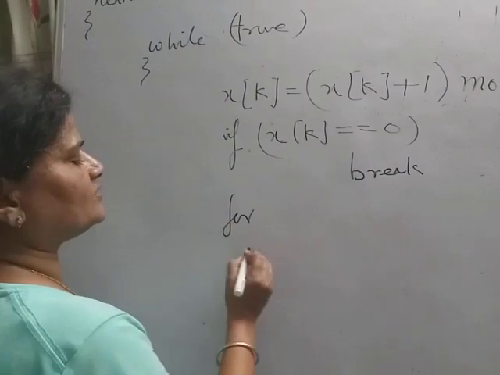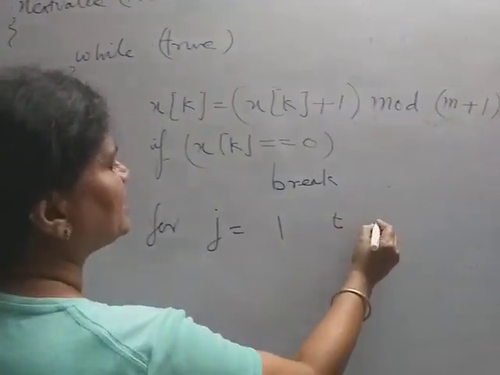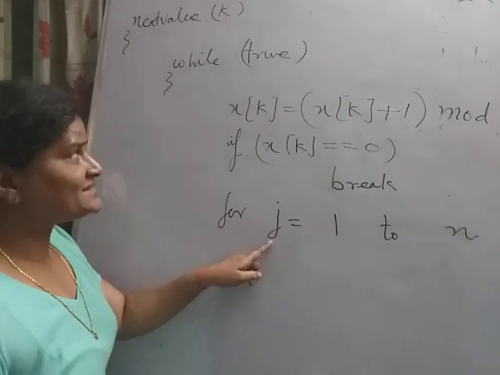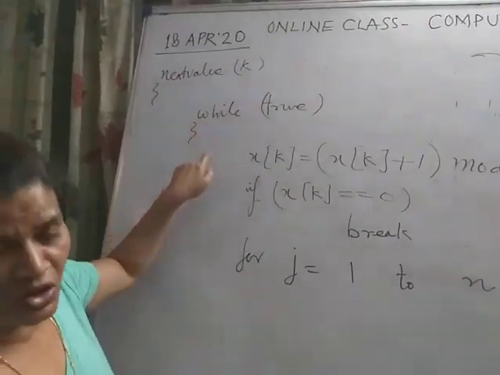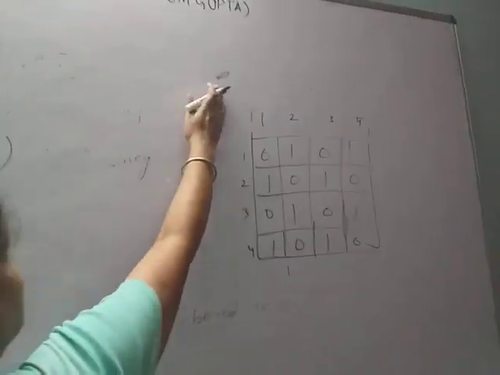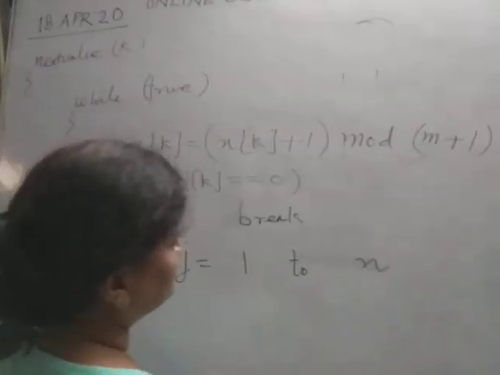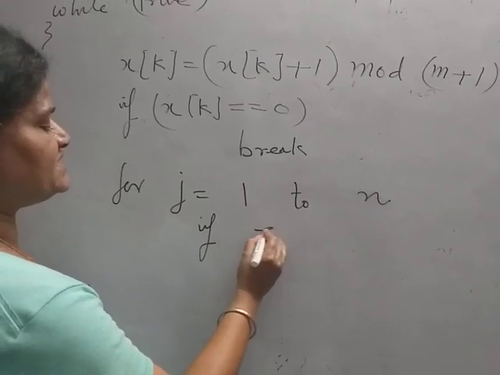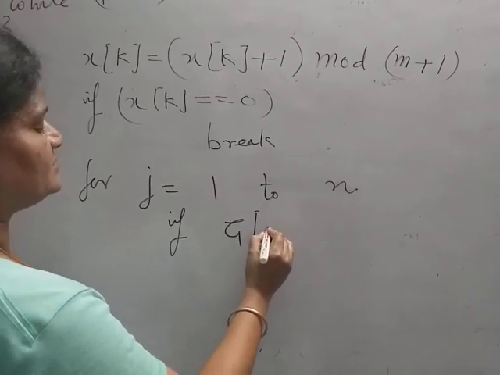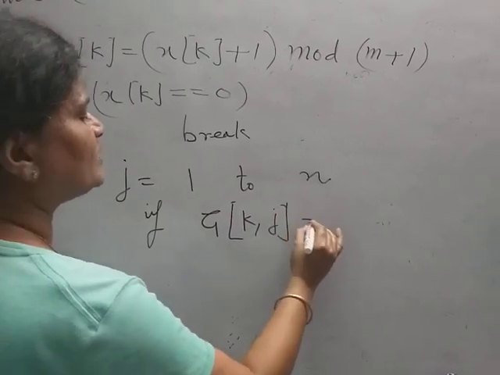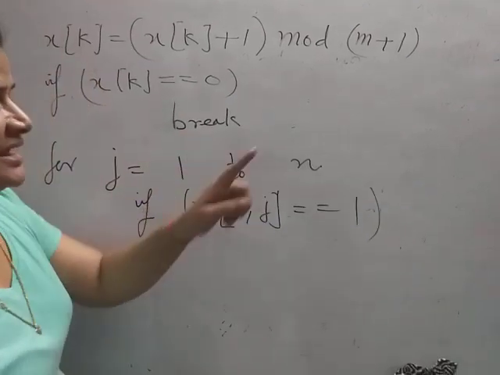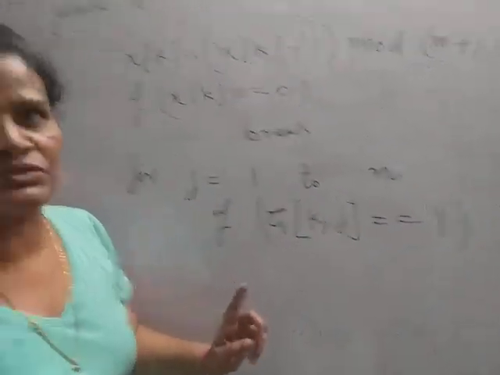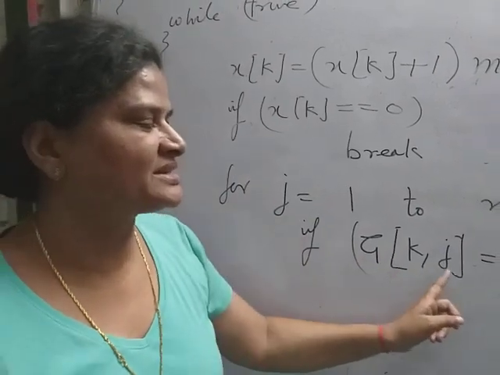So here I will take one loop for j equal to 1 to n, and check whether the vertex j is adjacent to k or not using the adjacency matrix of graph G. If G[k][j] equal to 1, the kjth entry in the adjacency matrix is 1, it means the jth vertex is adjacent to k. There is an edge from vertex k to j.